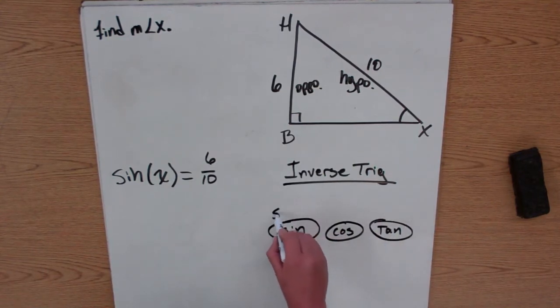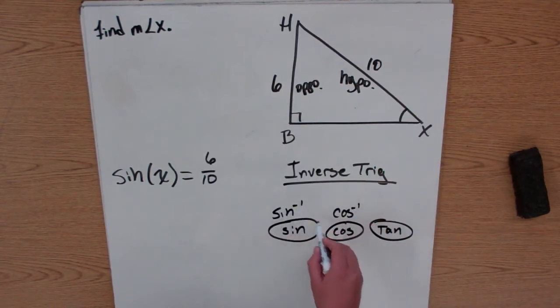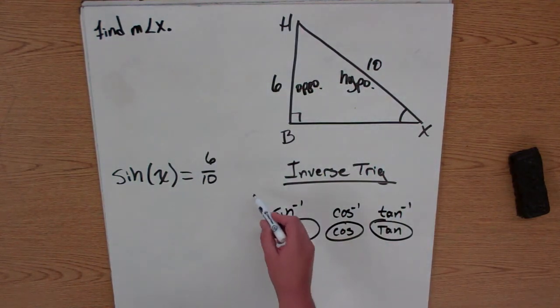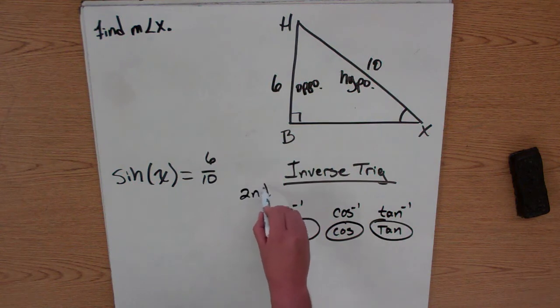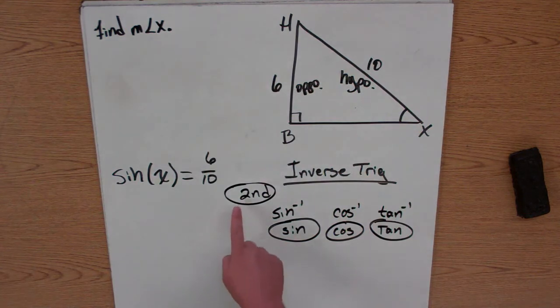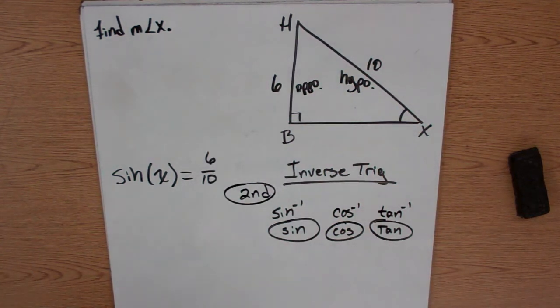If you look right above those, you'll see these buttons that say sine to the -1, cosine to the -1, and tangent to the -1. A lot of times you have to hit your second key or your shift key, whatever your calculator calls it. You'll have to hit that key and hit the button so you have the inverse sine pop up. All right? Because once you have the inverse sine, then it's real easy to find the measure of your angle.